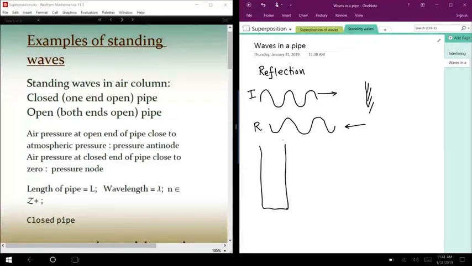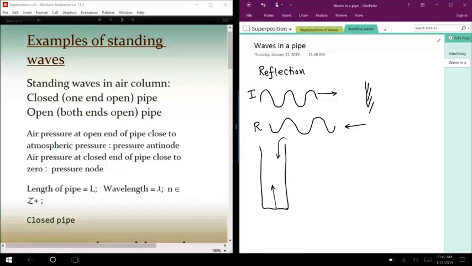So if you either blow air into this or in some way there is a flow of air in the pipe, then there's essentially some sort of wave going in, and at the end it's going to get reflected and come back. These two waves are now moving in opposite directions, and they're going to interfere with each other. And when they interfere with each other, we will get a standing wave.